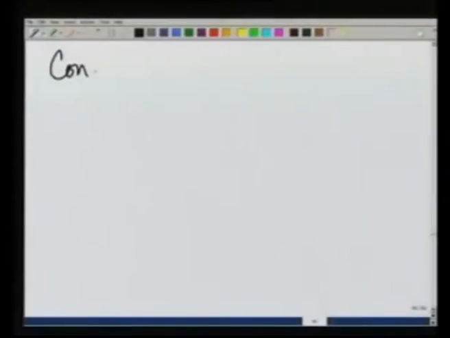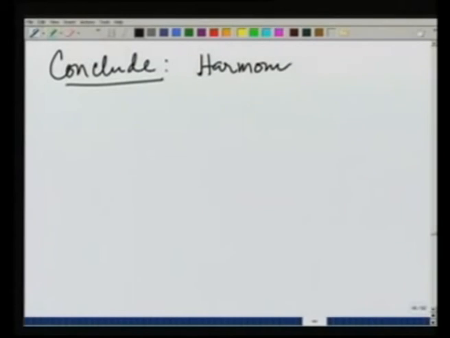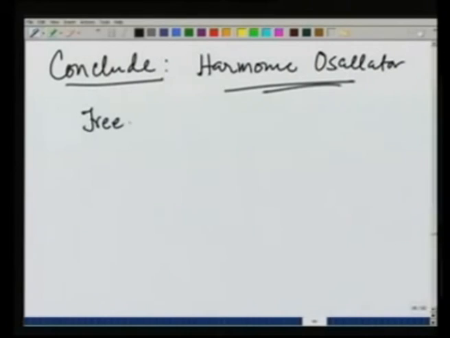So, let us conclude our lectures on harmonic oscillator. These are some basic ideas about harmonic oscillators. This is such a robust model that you can keep doing more and more. We have looked at a freely oscillating system.